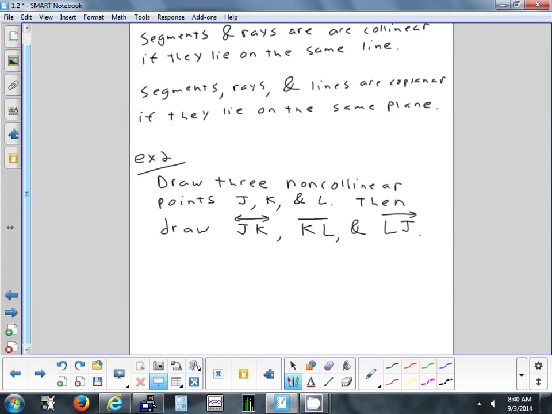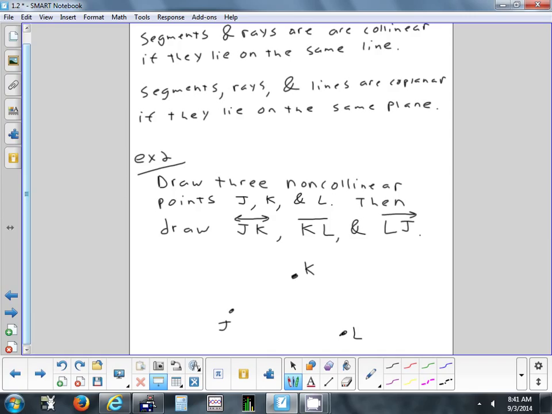All right, I'll do it, but eventually I'm going to probably ask for volunteers to come up and try to sketch some of this stuff. So J, K, and L, pretty much put them anywhere you want. Just don't put them in a straight line. Put them as like the vertices of a triangle. So you can put J, K, and then don't put L in a straight line. Just put it somewhere over there. Okay, there's 3 points that are non-collinear. And you could have done it differently, but that's just how I did it.